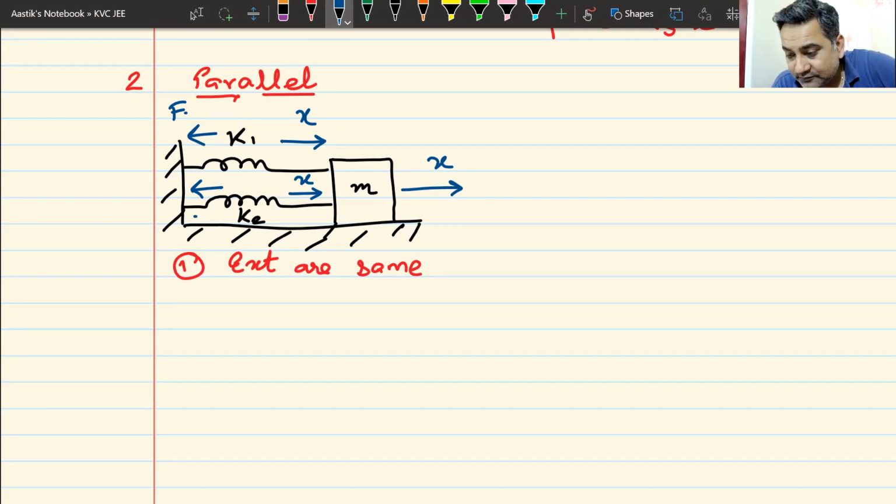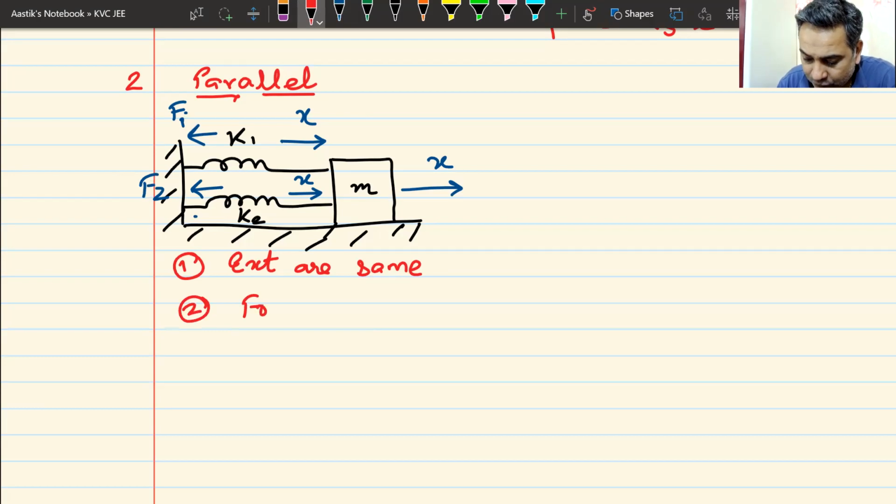What about force? Same or different? Same, sir. Same? No, they will be different. So, force in the first spring is F1. Force in the second spring is F2. That is what you need to understand, that extensions are the same, force is different.